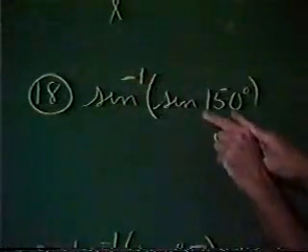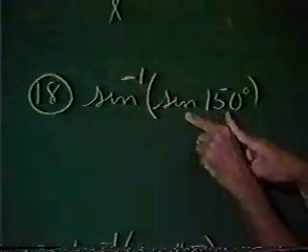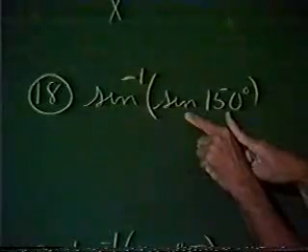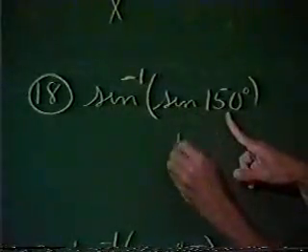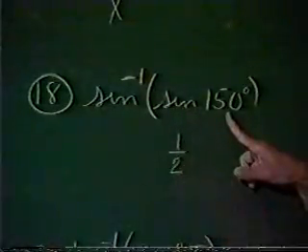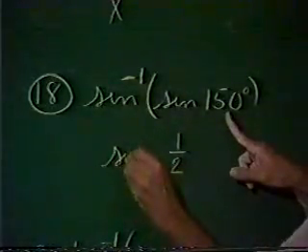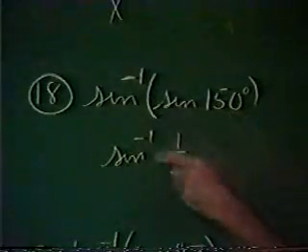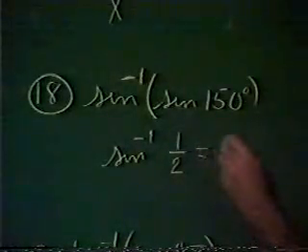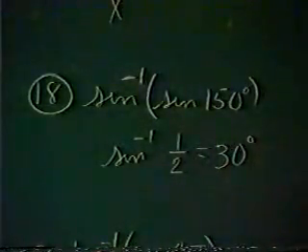All right? The sine of 150 degrees is 1/2. What is the inverse sine of 1/2? 30 degrees.